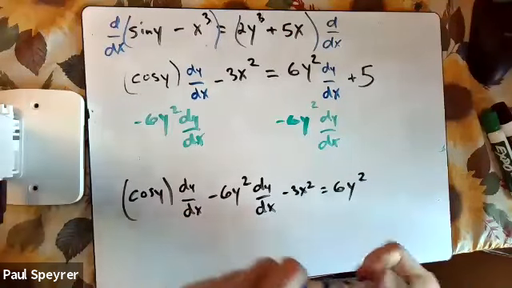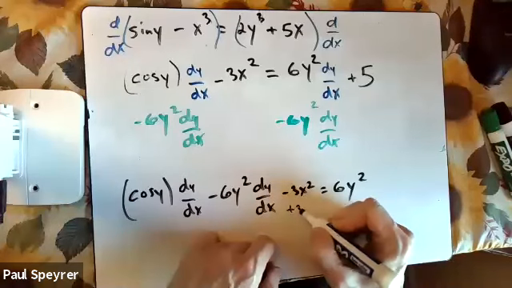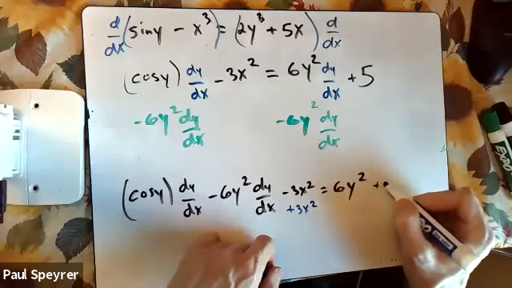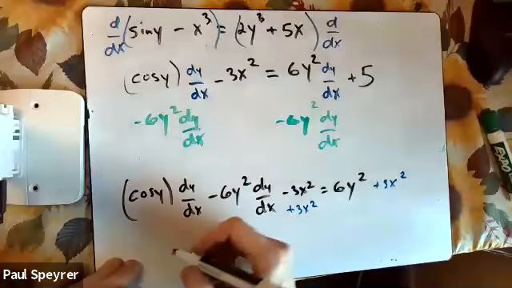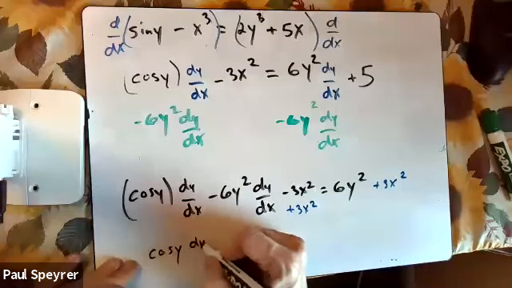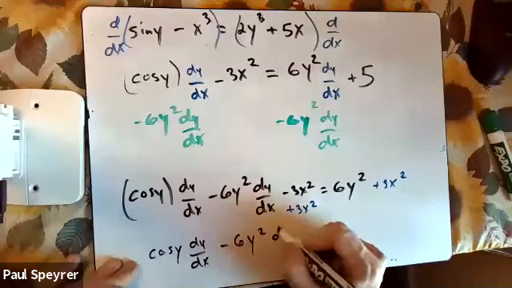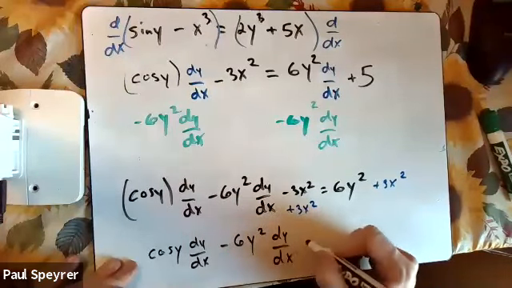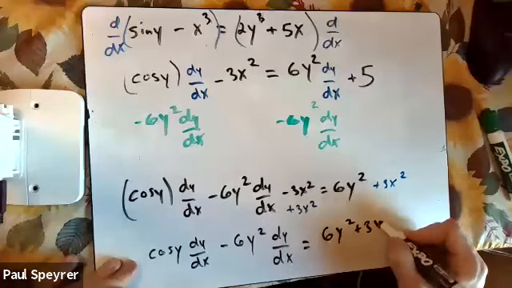So we have to move this negative 3x squared over, and we'll do that by adding, right? What's that look like now? We now have cosine of y dy dx minus 6y squared dy dx equals 6y squared plus 3x squared.